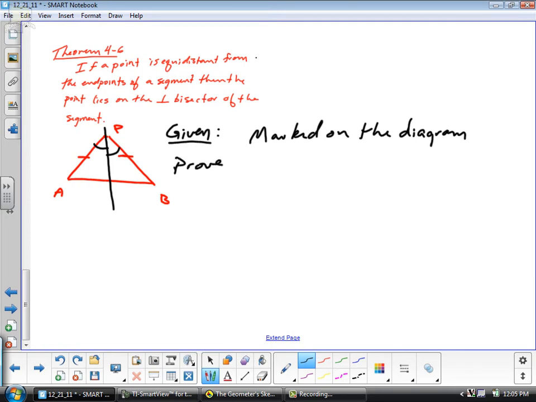We'll label the point where the bisector of the vertex angle crosses AB as point X. We're going to prove then that PX is a perpendicular bisector of segment AB, and I can do it by corollary 3 of theorem 4-1.